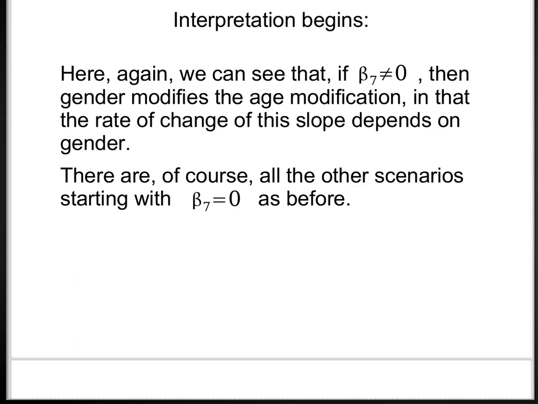And there are many other scenarios that we could explore in exactly the same way, perhaps starting with beta 7 equals 0, if in fact there's no evidence of that form of modification written just above.